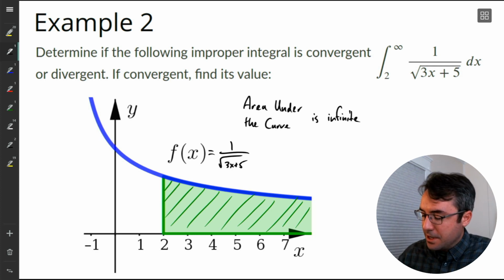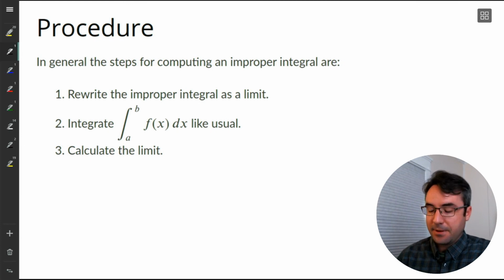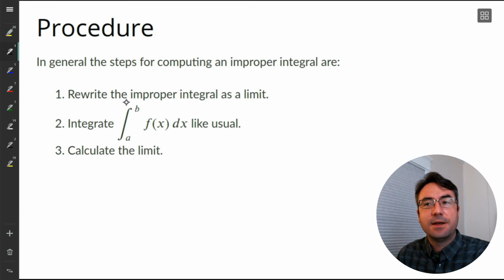All right, so let's review the procedure here. When we have an improper integral, first step, we rewrite that improper integral as a limit. Step 2, we're going to integrate our definite integral. So we've taken infinity off of one of our upper limits there, and we're going to calculate that definite integral just like usual, using all of our integration techniques.